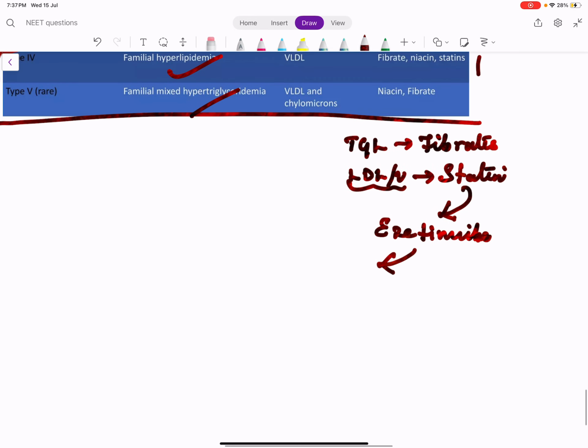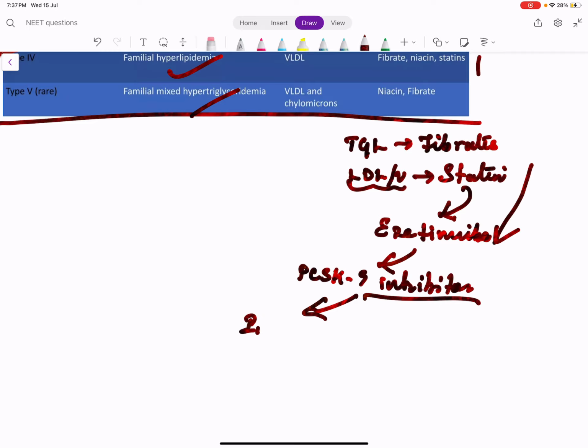If still not controlled, the next step is PCSK9 inhibitor. So some say in familial hypercholesterolemia, you need not wait for these two steps. You can directly go to PCSK9 inhibitor or inclisiran, which is the final and effective step.